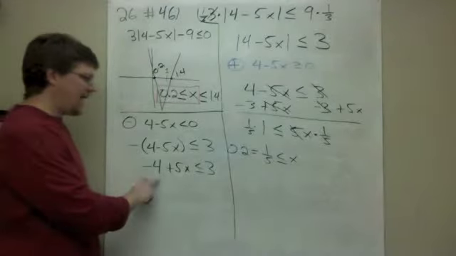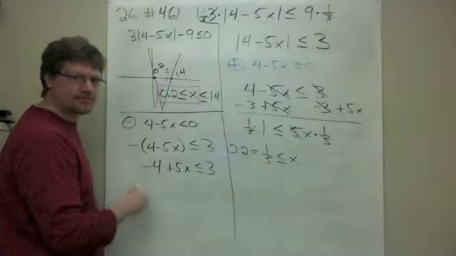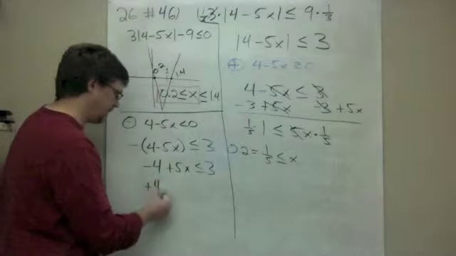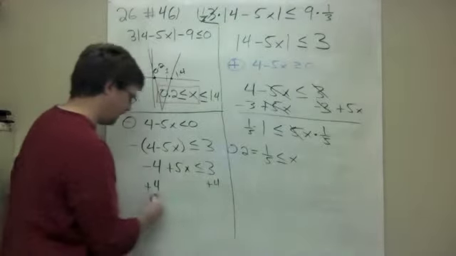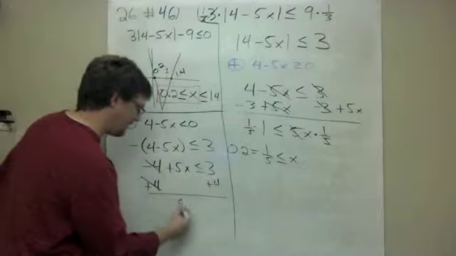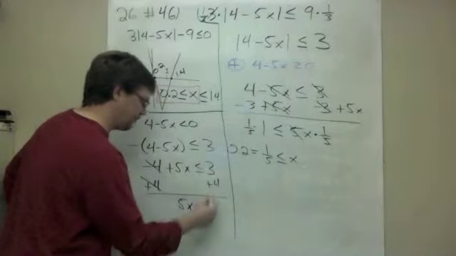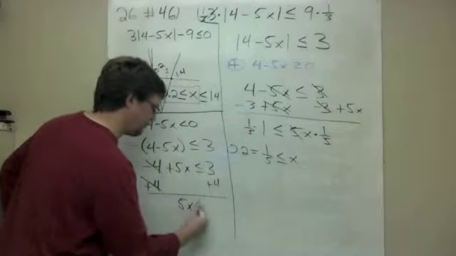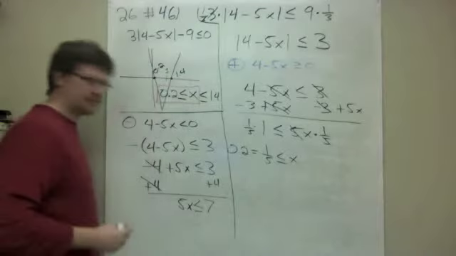And now I want to add 4 to both sides. Plus 4, plus 4, cancel, cancel. Get 5x is less than or equal to 3 plus 4, which is 7.